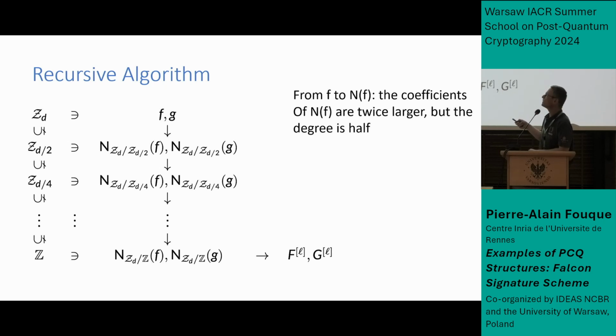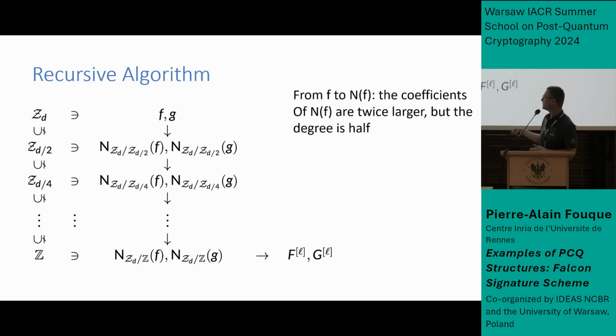However, the coefficients are twice larger. This is the case because it's just f times f of minus x, and f of minus x also has small coefficients, so the coefficients basically double when we go down, and the degree is halved. At the end, the degree is 0, so we have just an element over Z.